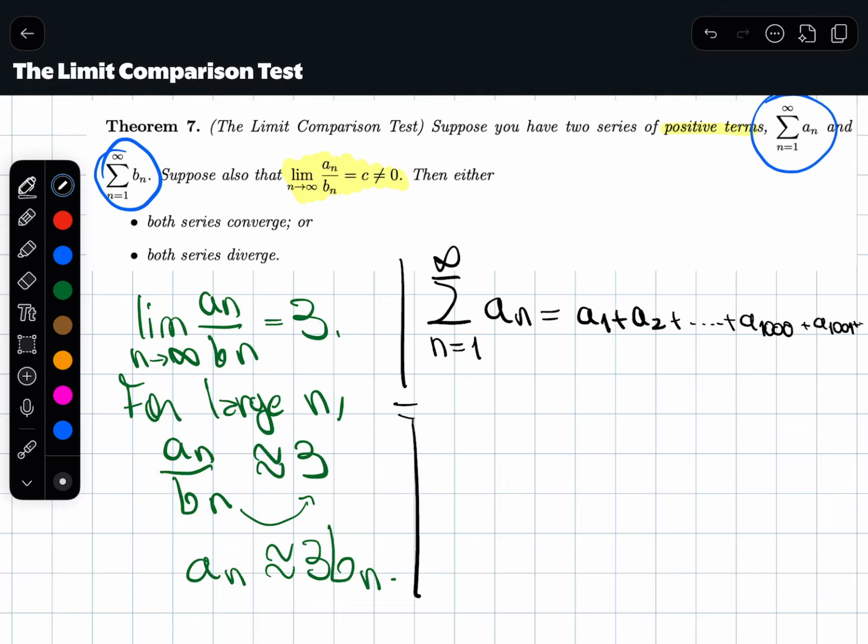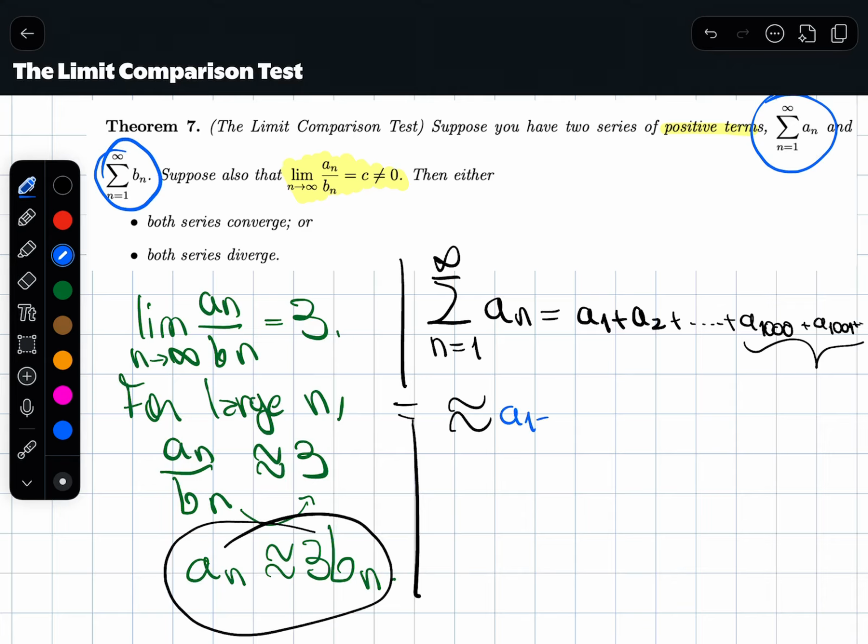Because the a_n's are practically triple the b_n's for very large n values, this will be approximately, sure, maybe the first a's don't compare very well, but this is going to be approximately triple the b_1000, right? Approximately. And then approximately triple the b_1001 and so on.